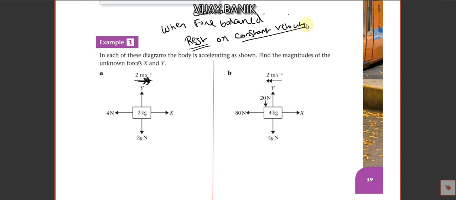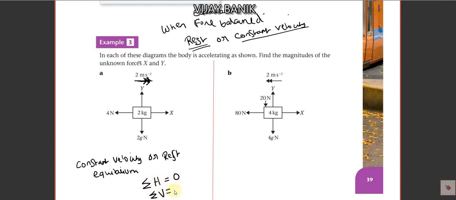From now on, if they mention the object is moving at constant velocity, or at rest, or if they use the word equilibrium, this is what you do: sigma H equals 0, sigma V equals 0.